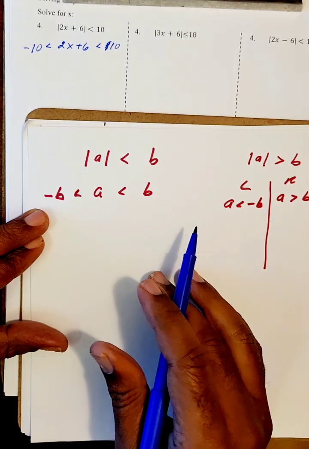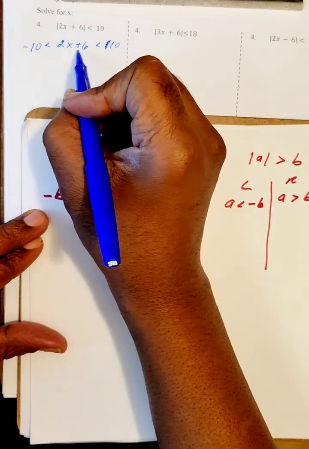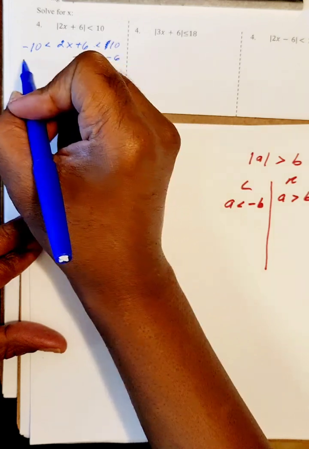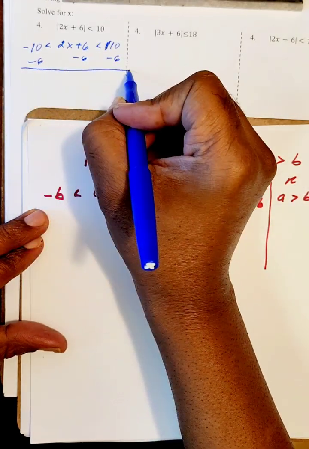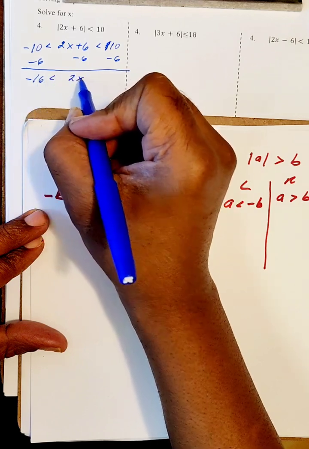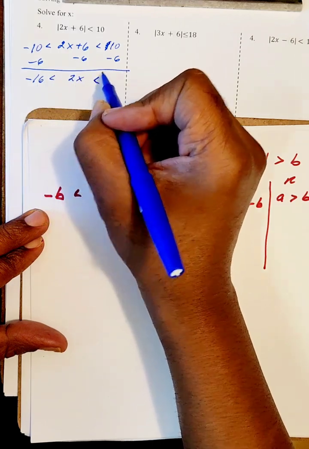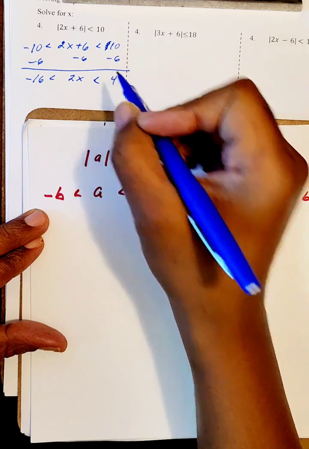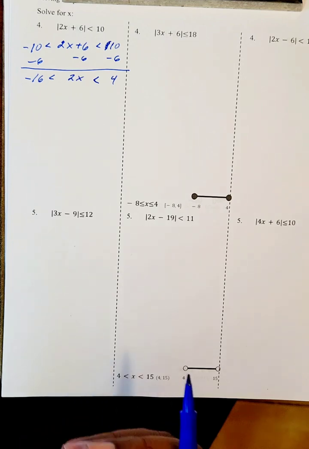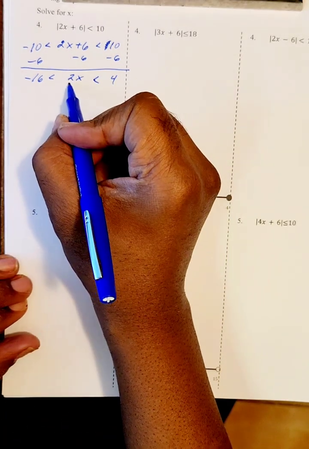And now we'll solve. First, we will solve for x in the middle by subtracting 6 from all sides. This will give us negative 16 less than 2x, and that'll be less than 4. Now I'm going to divide all sides by 2 in order to get x by itself.